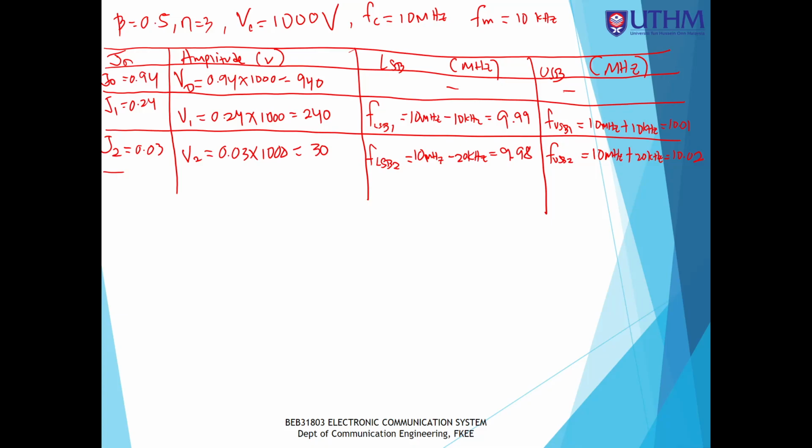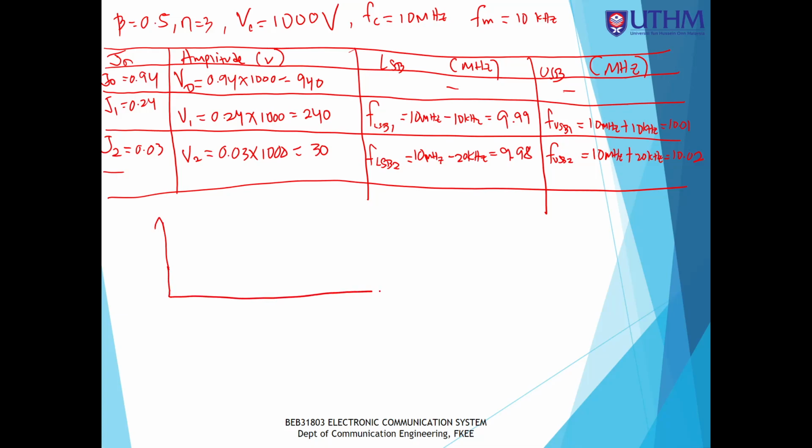If you want to draw the amplitude spectrum, that means you need to draw amplitude in terms of voltage versus frequency. We can use megahertz, for example. The center here is the carrier at 10.